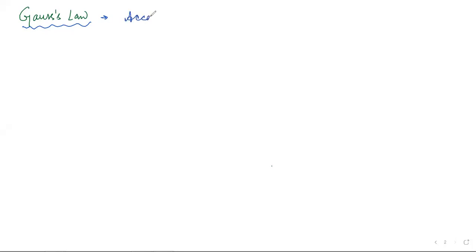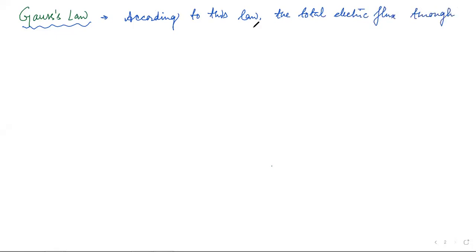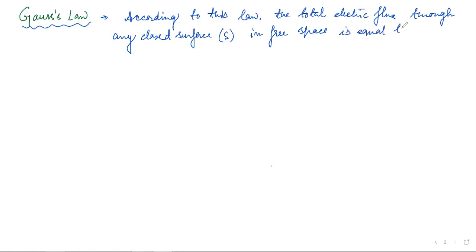According to this law, the total electric flux through any closed surface, let us say the closed surface has an area S, in free space is equal to 1 by epsilon 0 times the charge enclosed by the surface.